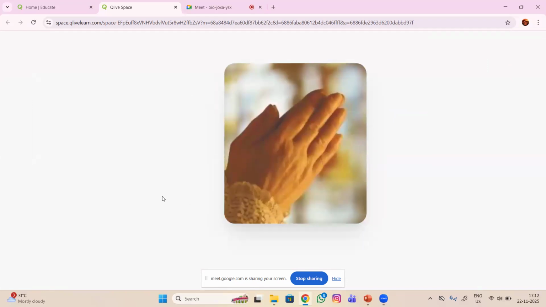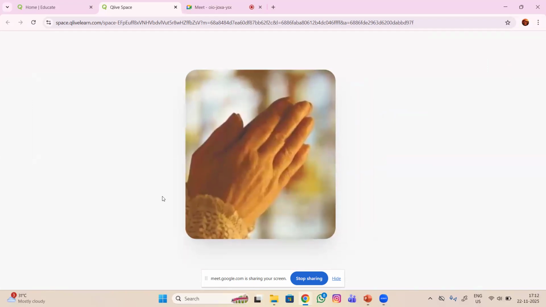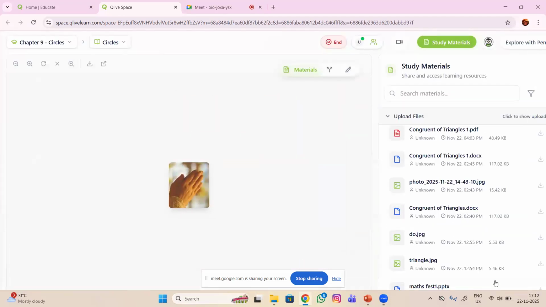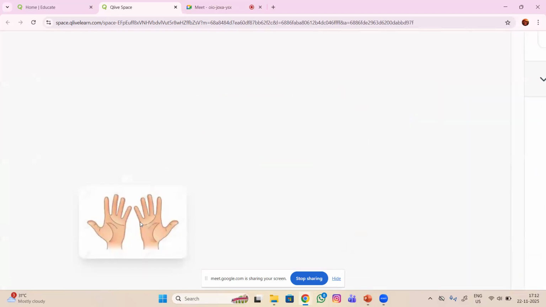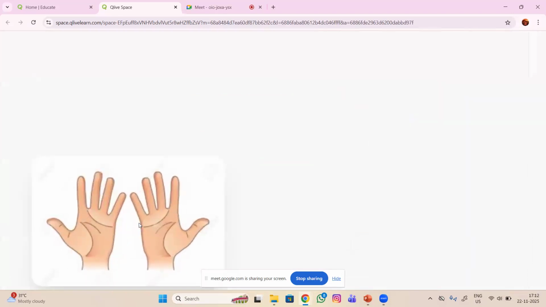Bring the two hands close, face to each other. What is the speciality of these fingers? In one palm there are five fingers, and in this one there are five fingers.